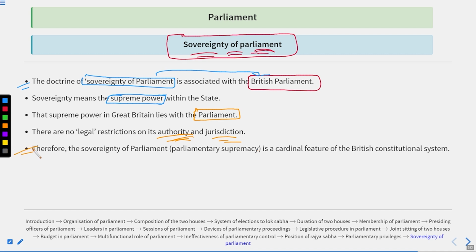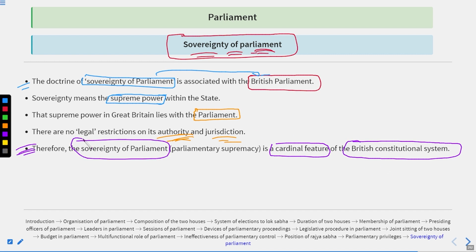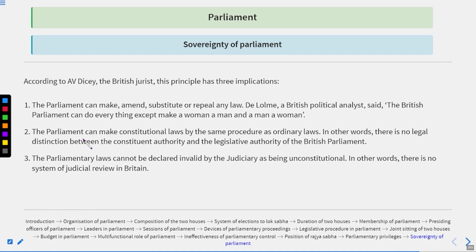Therefore, the sovereignty of Parliament, the parliamentary supremacy, is a cardinal feature of the British constitutional system. Cardinal feature means the essential and most important feature. That means the British Parliament has the supreme power in defining the meaning of the constitution.